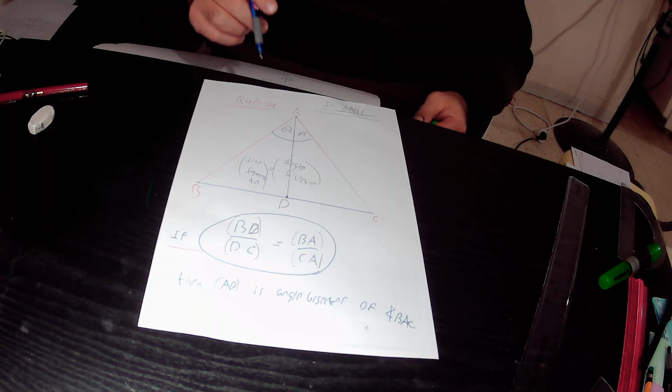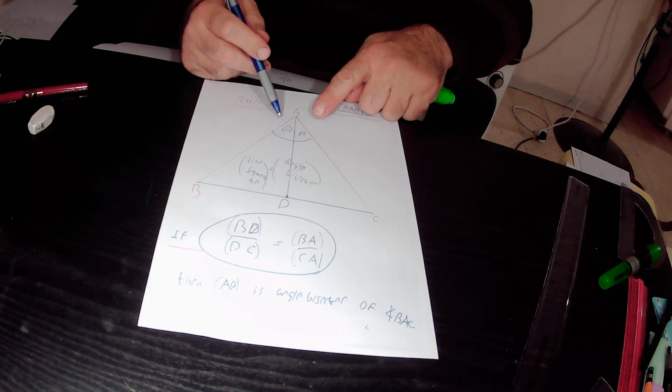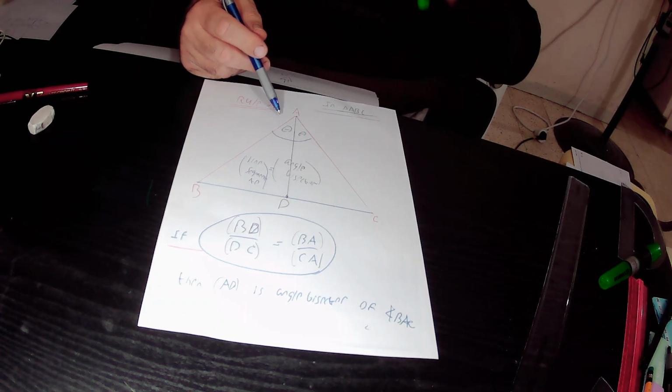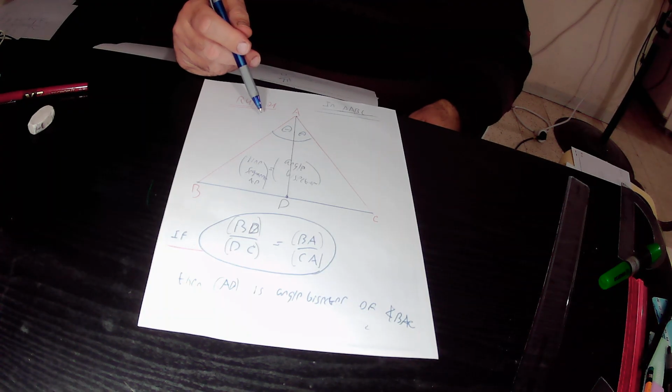That is to say, line segment DA divides angle BAC into two halves, each half equals theta. So actually, it is the converse of the angle bisector theorem. Rule 21 is the converse of Rule 19.